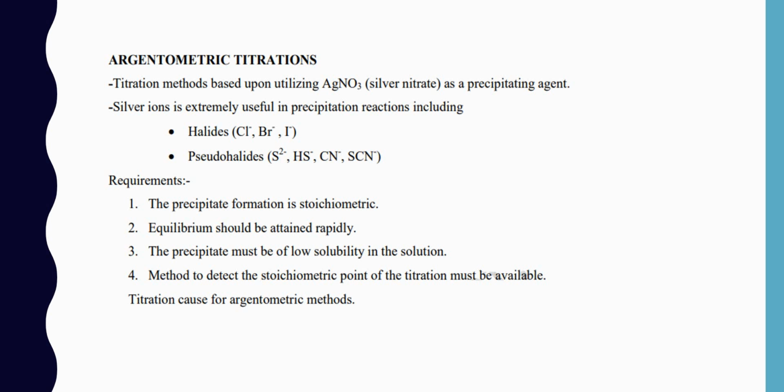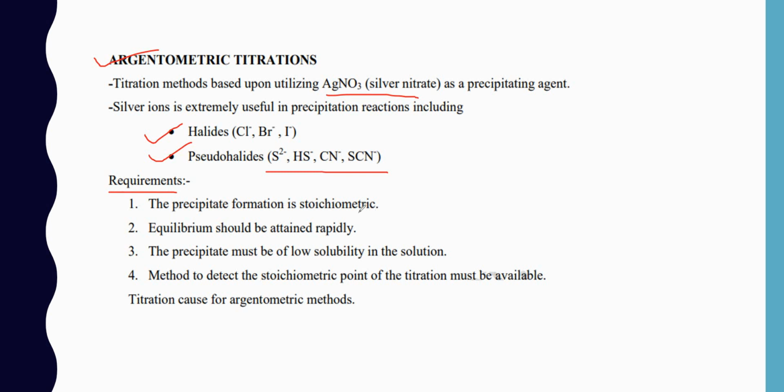If you have silver nitrate as a precipitating agent, then you call that titration argentometric titration. Silver ion is extremely useful in precipitation reactions including halides, such as chlorine, bromine and iodine, and pseudo halides such as cyanide, thiocyanate and hydrogen sulfide.